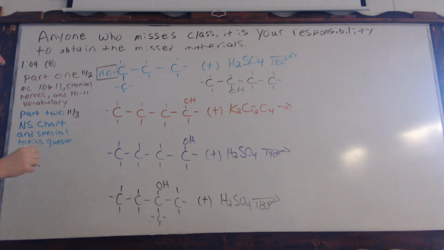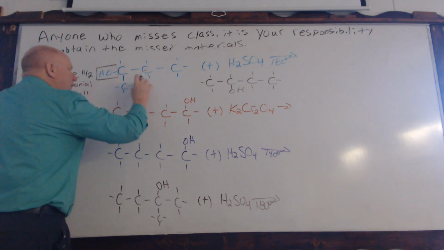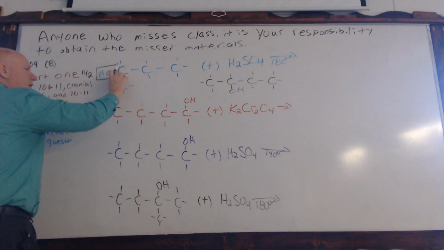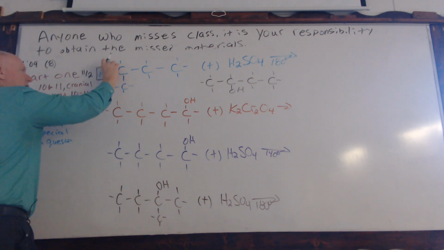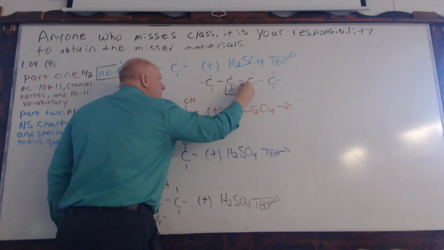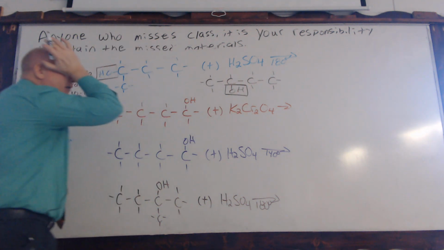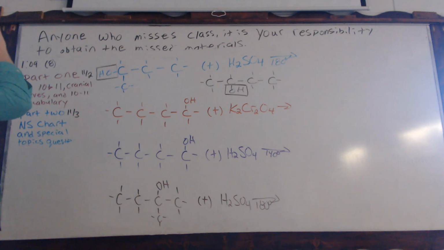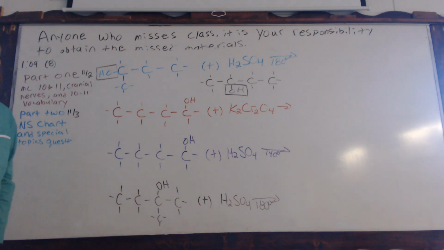Yeah, it's still butanol. And then we would have 2-butanol. So using this logic, we know that that's going to be stripped off of there. Then what happens? In this case, you have to go one direction or the other, so left or right.